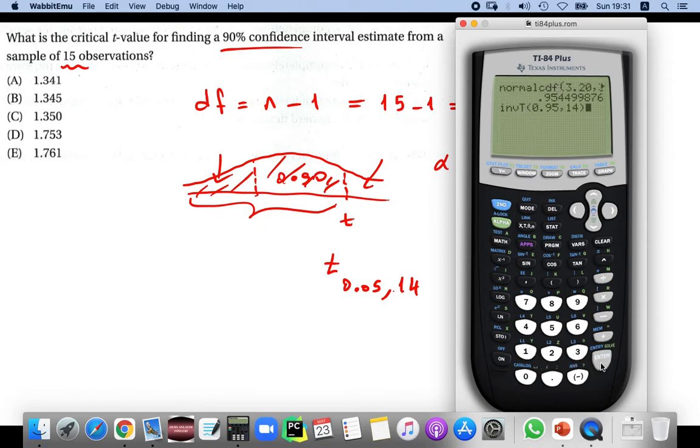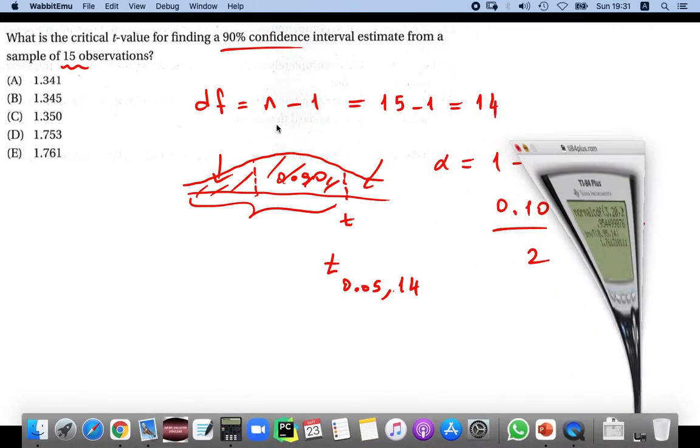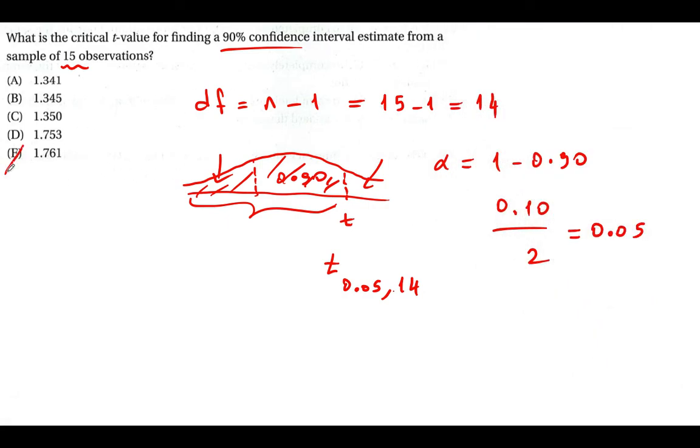So the result will be, let's see, 1.761. So the answer is E. Meanwhile this is 95, right? So it will be 1.761. How did I get this?